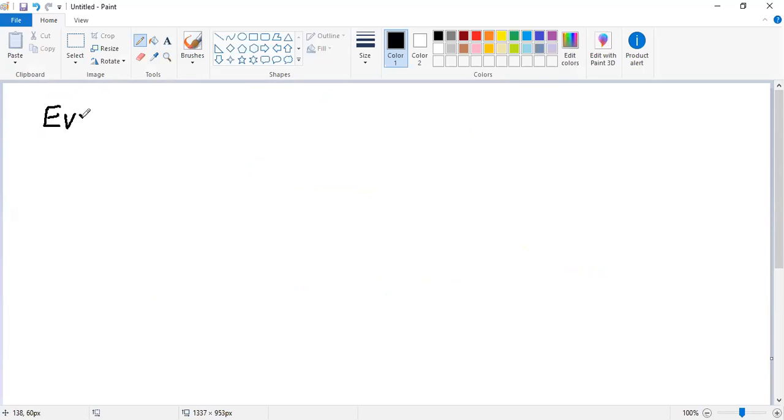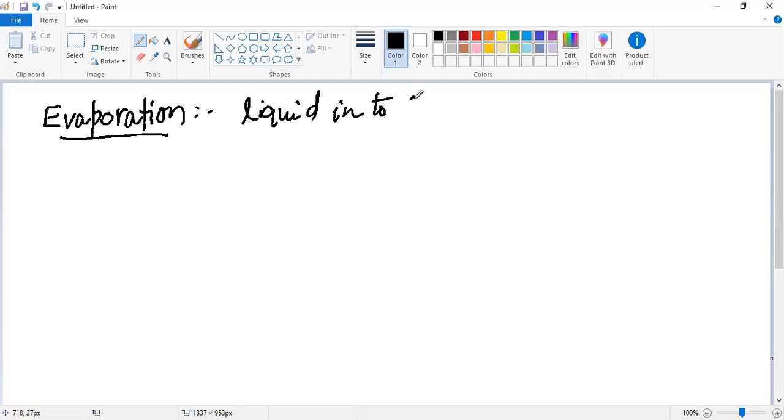Any one of you, please? Okay, no problem. Evaporation is the process of converting liquid into gas below the boiling point of the liquid.